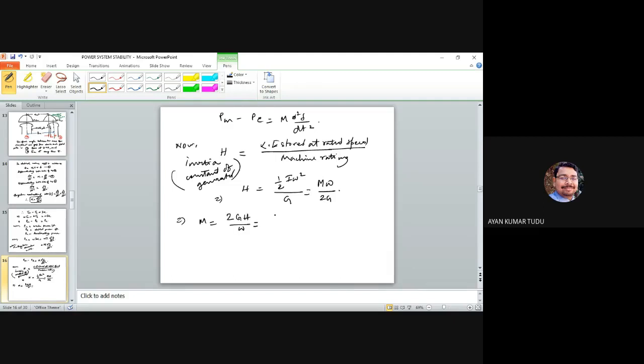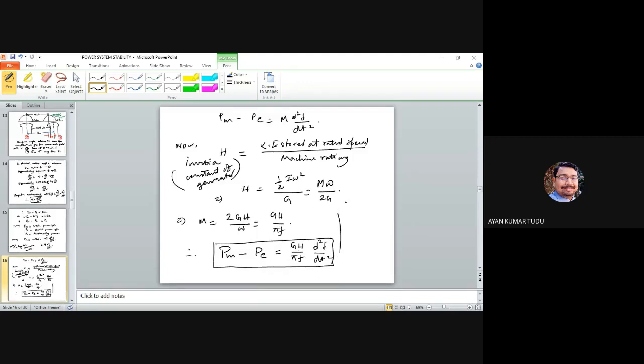Again, omega is equal to 2 pi F, so the 2s cancel out and it becomes GH by pi F. The ultimate equation we get is Pm minus Pe is equal to GH by pi F into d2 delta by dt square. This equation represents the dynamics of the synchronous machine, known as the synchronous generator.